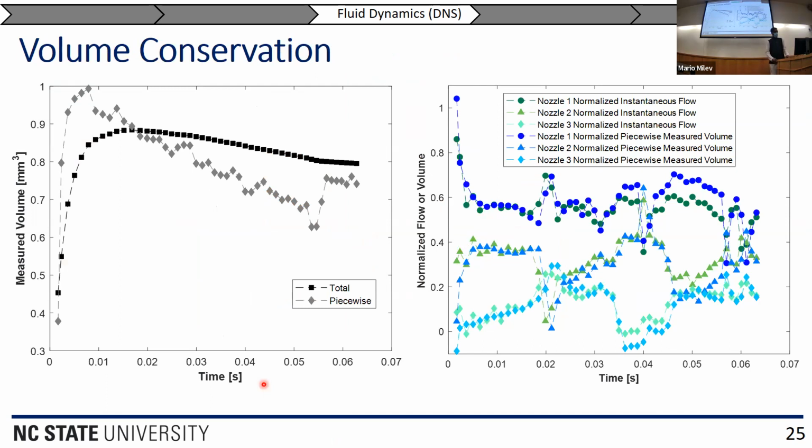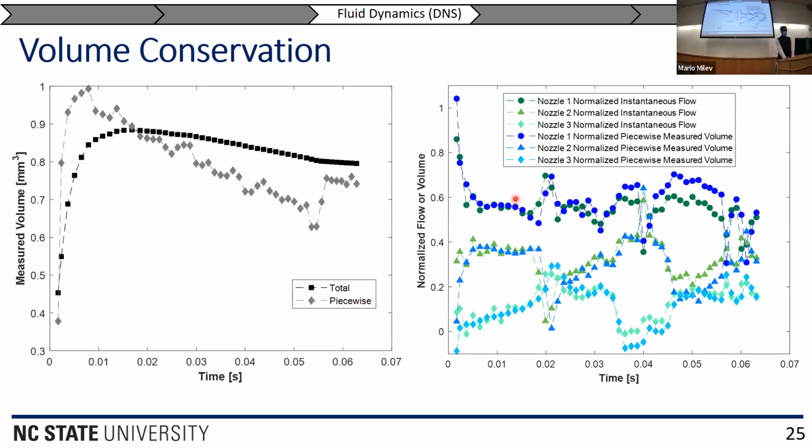Another thing that we need to stay aware of was the volume conservation. The level set method that I used to track the interfaces is known to not conserve the volume or mass perfectly. But I made this comparison to make sure that this mass loss, if any, tracks with the instantaneous flow, so we're not getting, for example, disproportionate mass loss where there's more flow in nozzle one or anything weird like that, but rather that it's consistent and due to the level set method across all the bubbles.